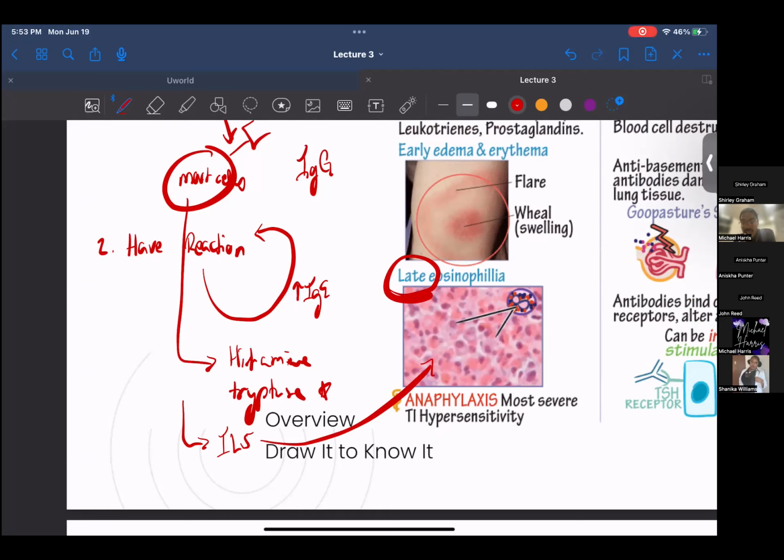They have to extravasate out of the blood into the tissues before they can actually cause symptoms. So it takes time. This is what is known as the late response. You have the initial response, which is due to mast cells degranulating, and then the late response, which is due to eosinophils releasing what is known as major basic protein, which damages the tissues. Okay, any questions with that?